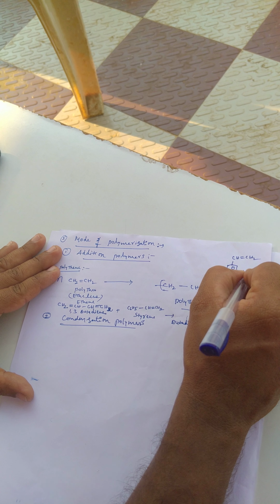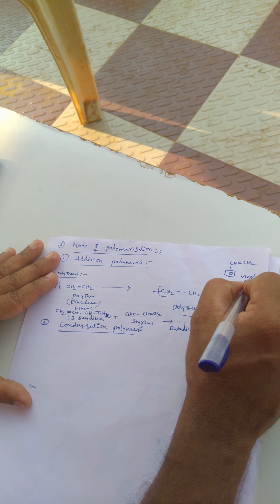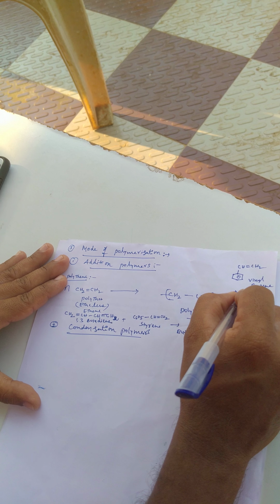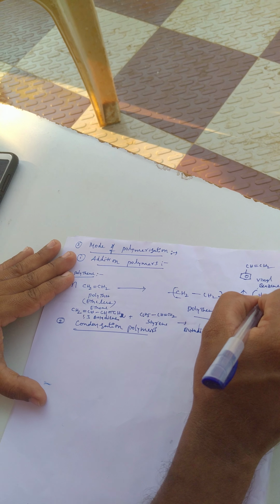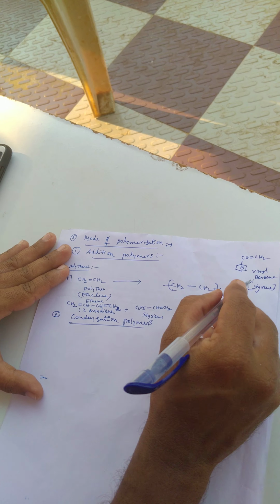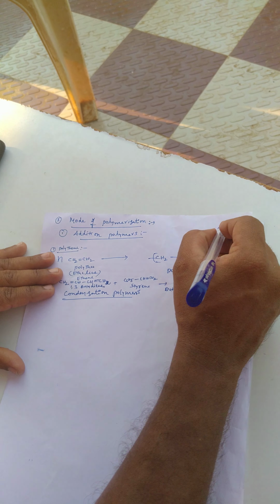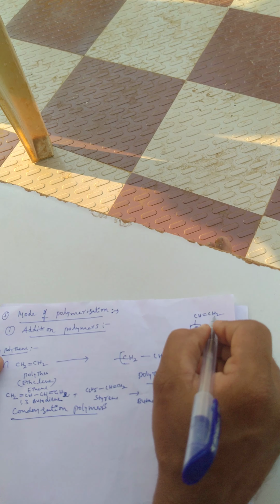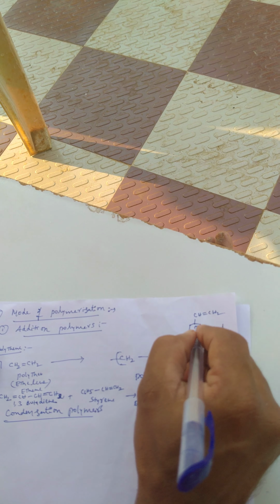Actually, it is called vinyl benzene. The CH=CH2 group is the vinyl group, and this group is attached to the benzene ring, so it is called vinyl benzene. That is called styrene.